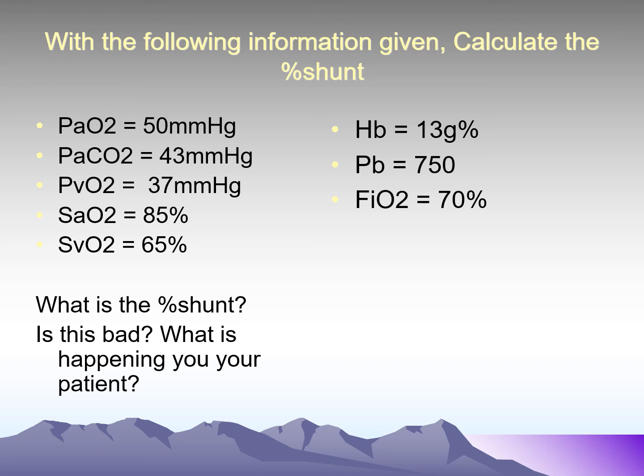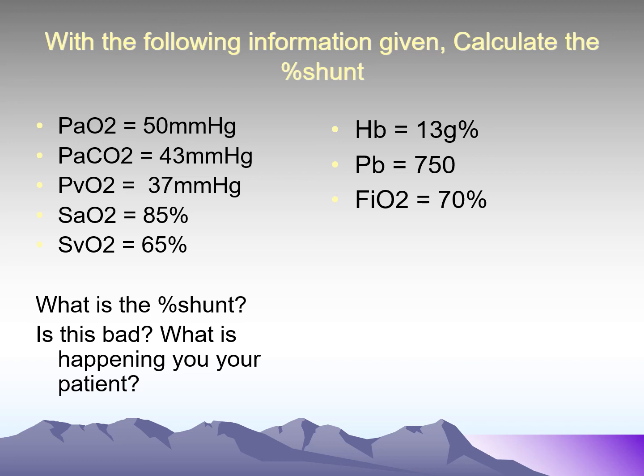14.96 volume percent. And then for your CvO2, you should be using all your venous numbers, which should give you 11.43%. And so to figure out your CcO2, you're going to have to take your hemoglobin times your 1.34. Then you have to figure out your PAO2, so your alveolar air equation.